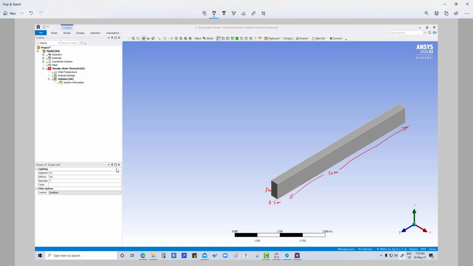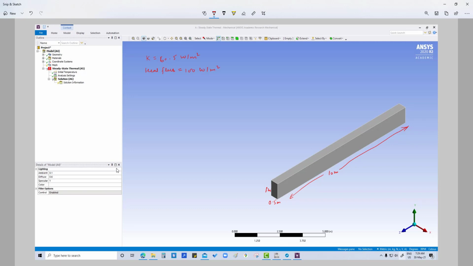So what data we have: this bar is made up of steel and thermal conductivity is given, that is 60.5 watt per meter square, and heat flux is given here, that is 100 watt per meter square.